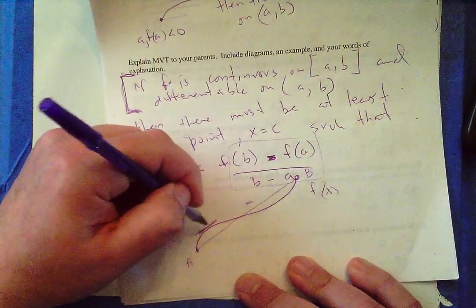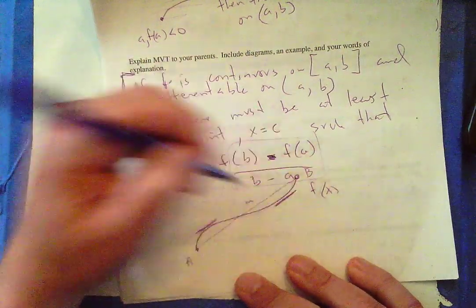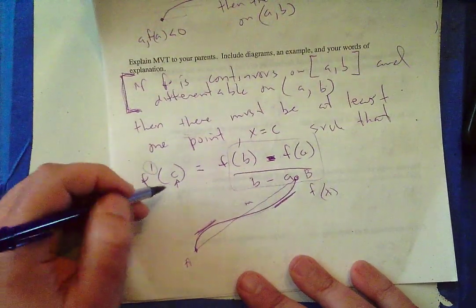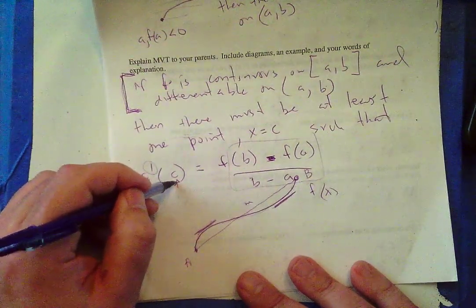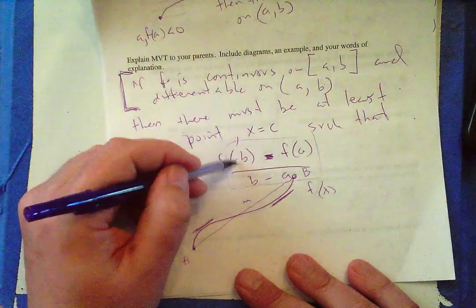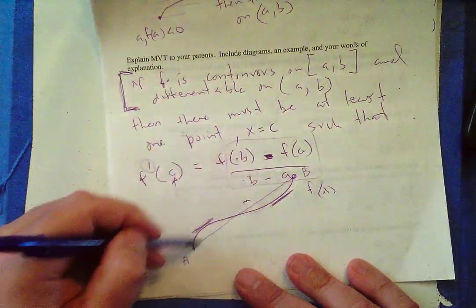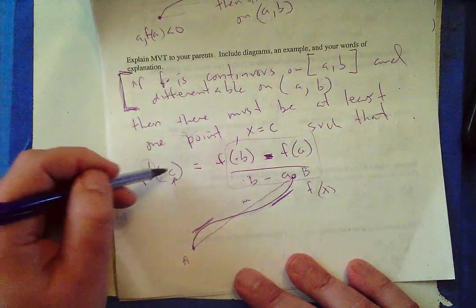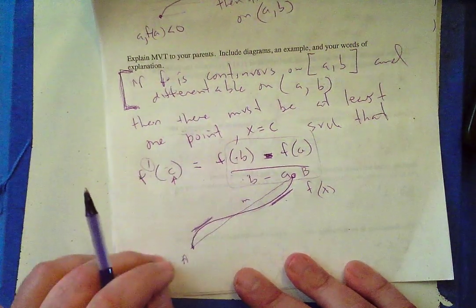And in this case, I see one, I see 2. But I'm guaranteed at least one place, when I've met these preconditions, where the slope of the secant, the average rate of change, is equal to the slope of the tangent, or the instantaneous rate of change.